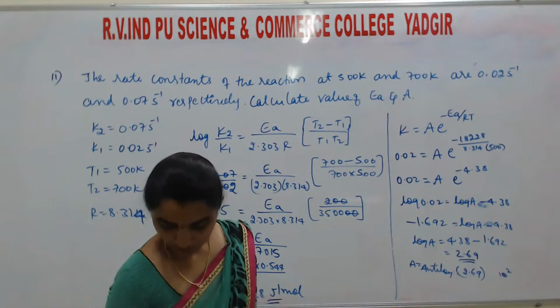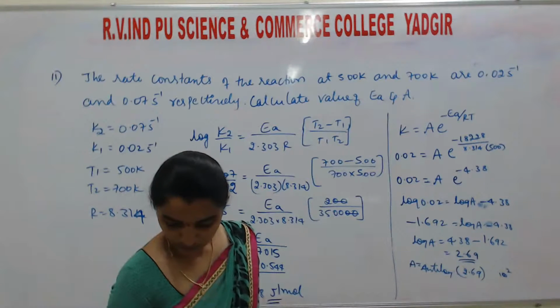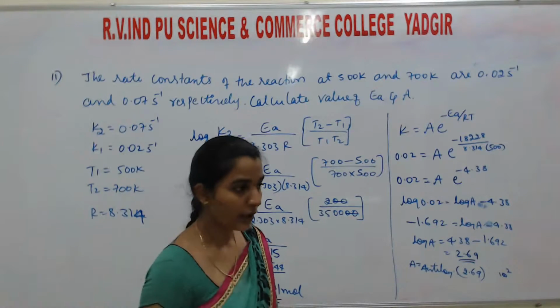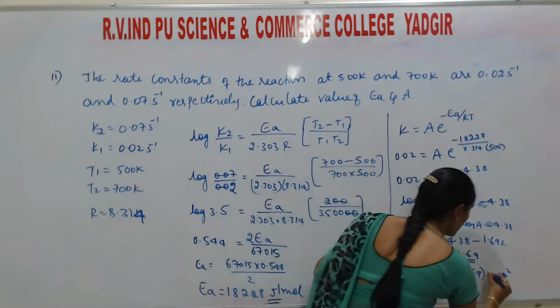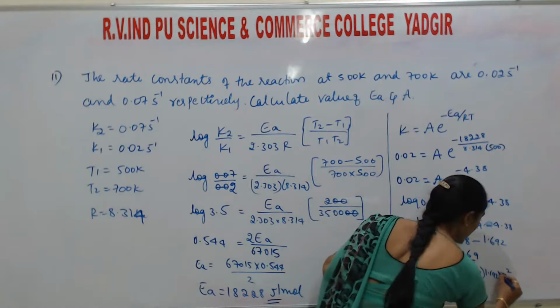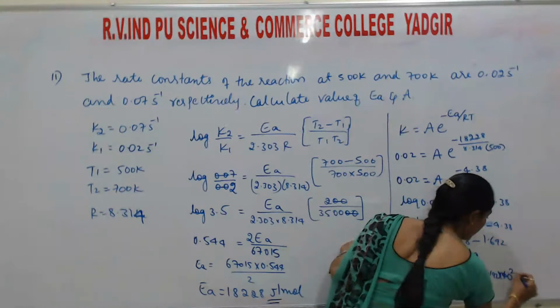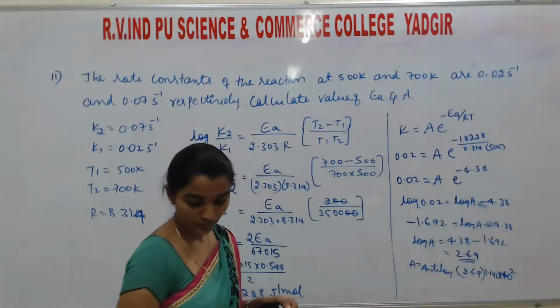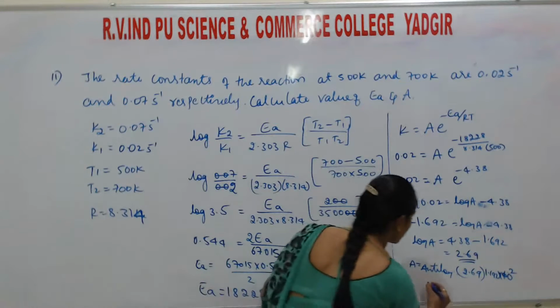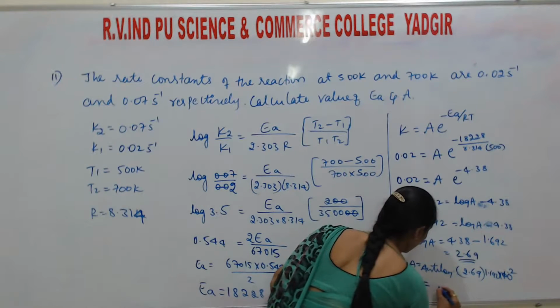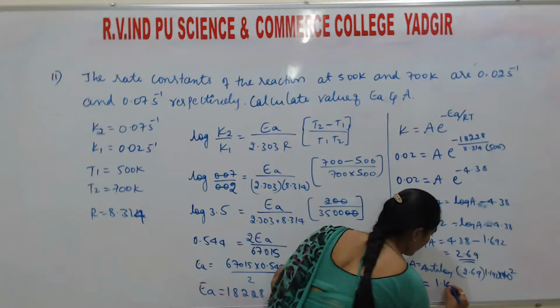Do you have a log table? 1.192. So this is 1.192 into 10 to the power of 2. That is approximately the A value, 1.192.